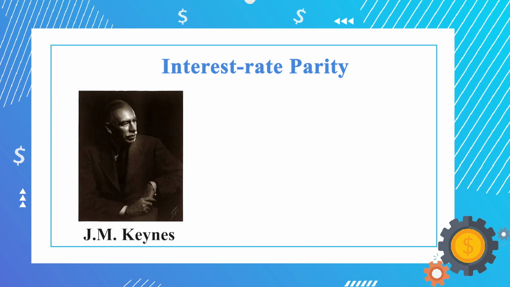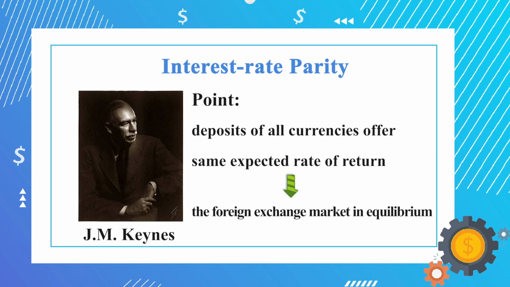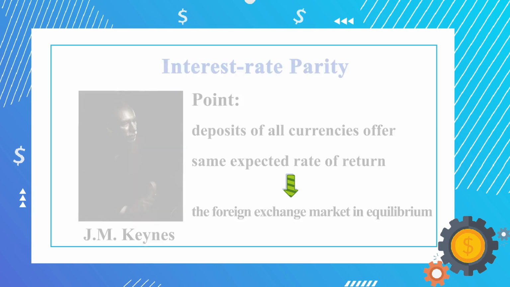The theory was put forward by J.M. Keynes in 1923. The point is that the foreign exchange market is in equilibrium when deposits of all currencies offer the same expected rate of return.